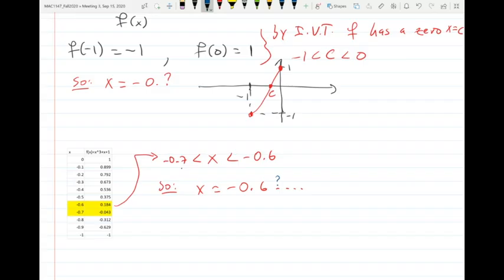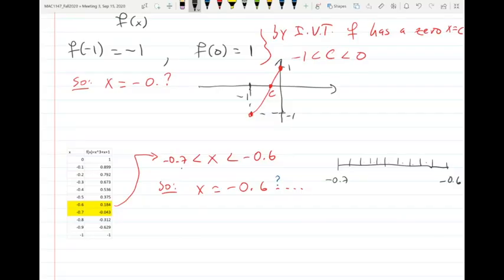We're going to pick that interval, the one that begins at negative 0.7 and finishes at negative 0.6, split it into 10 pieces, plug in your points, and figure out whether there is a change in sign. I'm going to do it once more and then I'll stop.